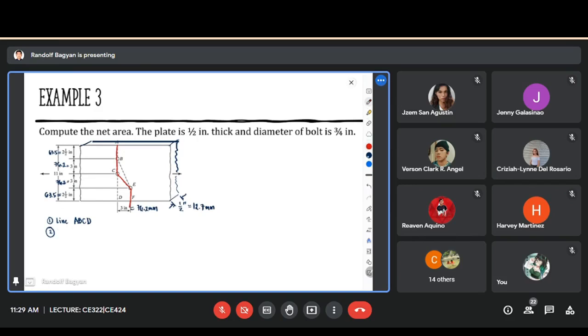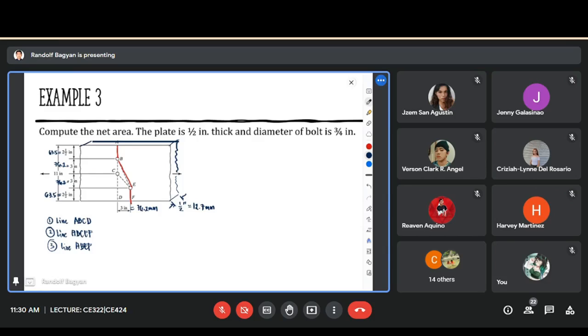So we consider line A, B, C, E, and F. Okay, and then lastly, we have the other line, A, B, E, F. So that is line A, B, E, F. Okay, so consider natin sila.